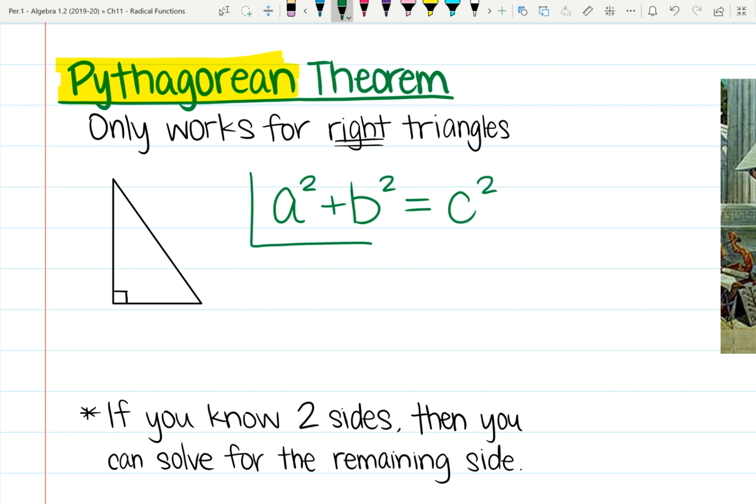It's this formula right here, and this formula is called the Pythagorean theorem. You may or may not have heard of it before. Okay, a squared plus b squared equals c squared. And again, where do the a, b, and c come from? Those are our legs, right? So again, here's this right triangle. Remember, this side here is one of the legs. This is another leg. And again, what do we call this side? The hypotenuse.